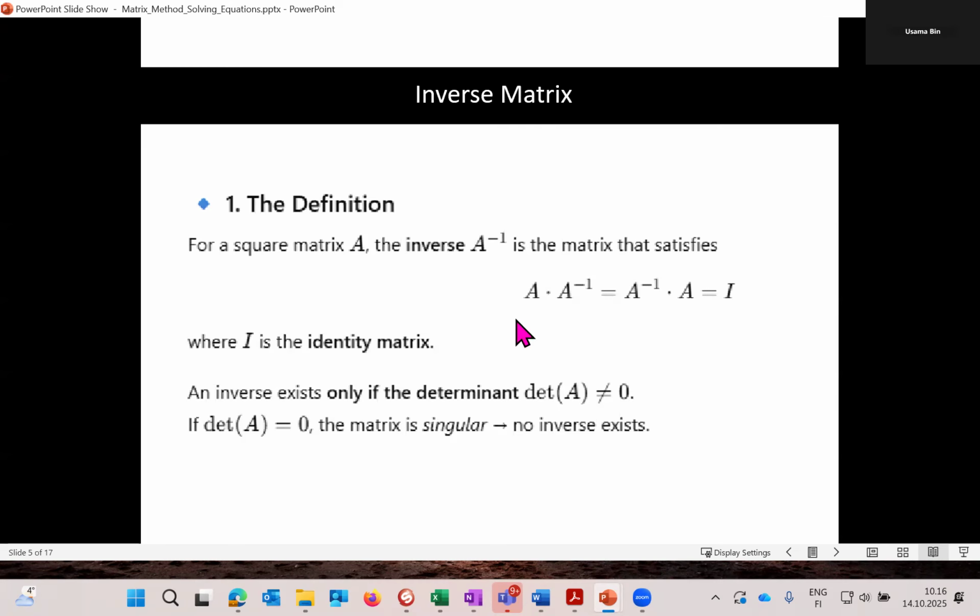So this is a similar thing, but just with these matrices, something with a lot of numbers. Okay. So an inverse exists only if the determinant, you don't even know what a determinant is. It doesn't matter.